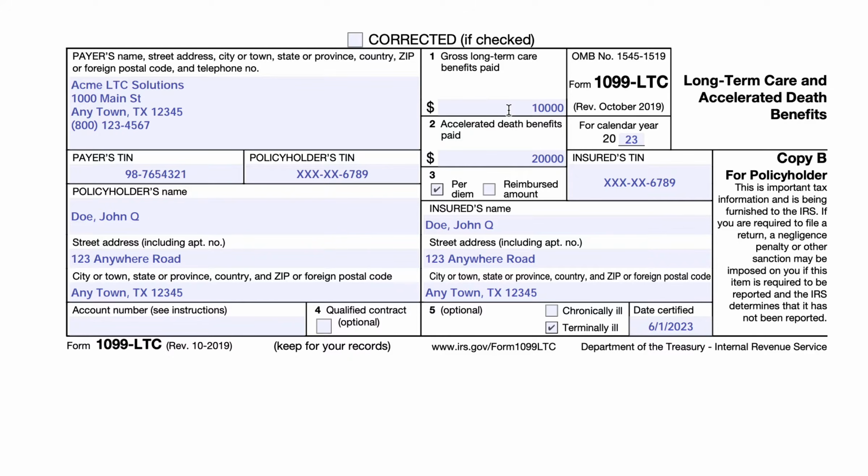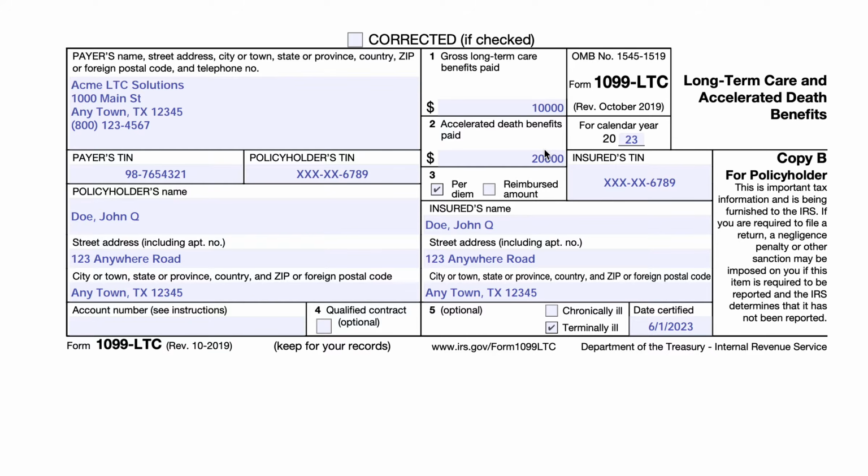In box 2, that's accelerated death benefits, generally under a life insurance contract, paid either to or on behalf of an insured who has been certified as either terminally ill or chronically ill.